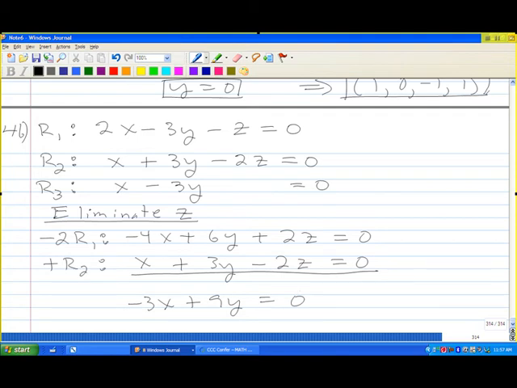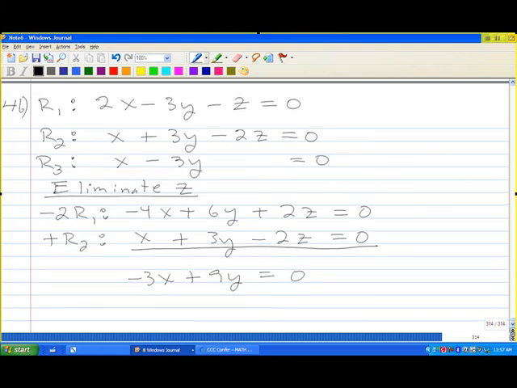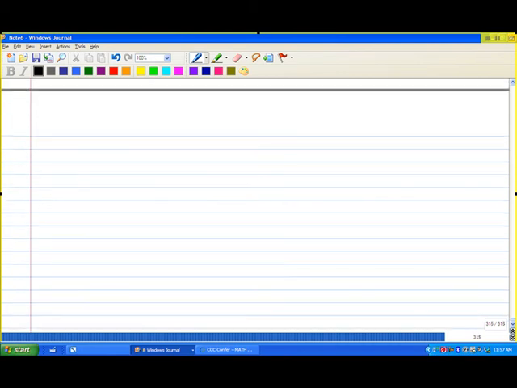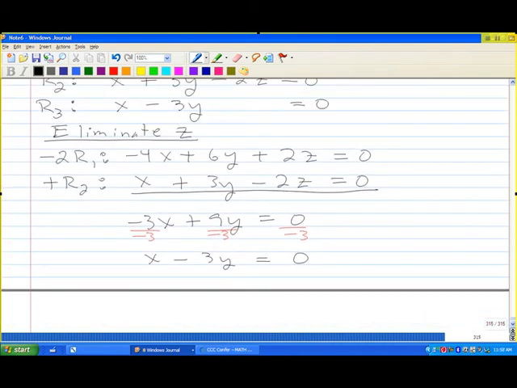Let me divide by negative 3. So I get x minus 3y equals 0. And so let's call that S1.